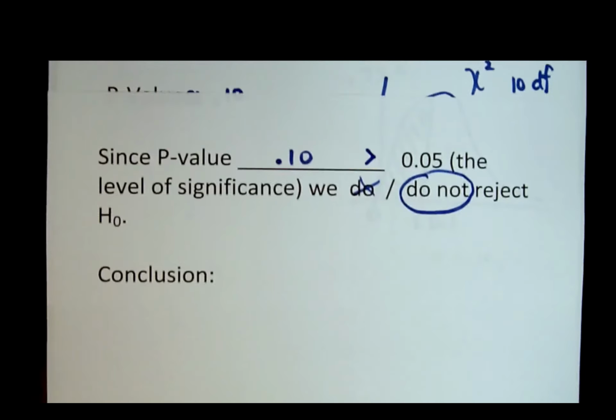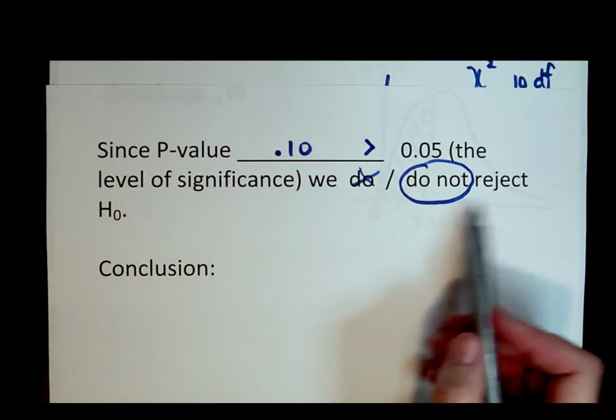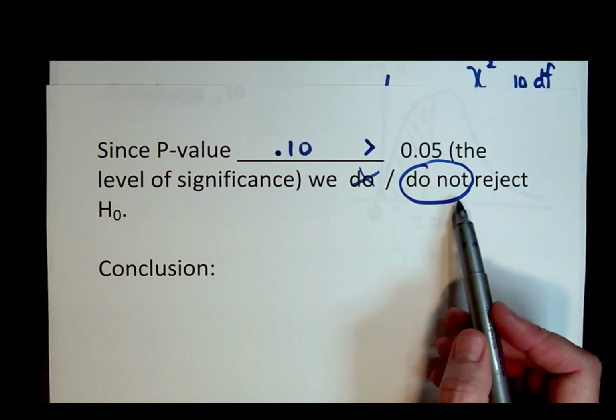What do we conclude? So we've decided not to reject the null hypothesis, but our conclusion has to be stated in terms of H1. So what we're basically going to say is that we can't support H1. We cannot support H1 because we're not rejecting H0.